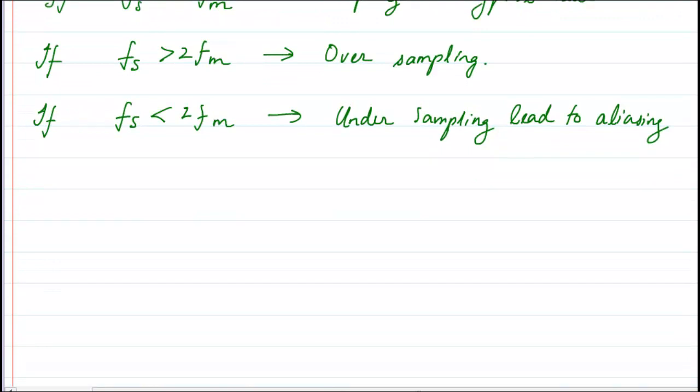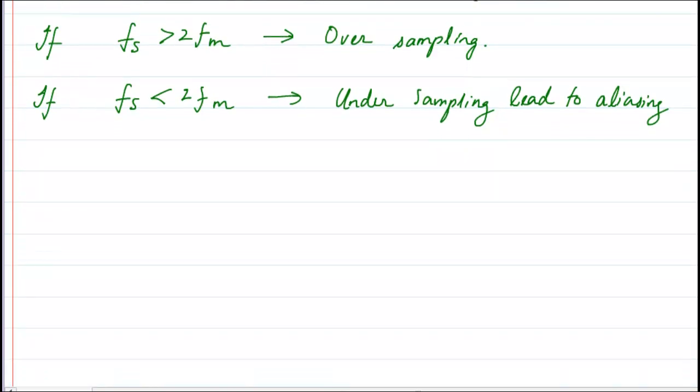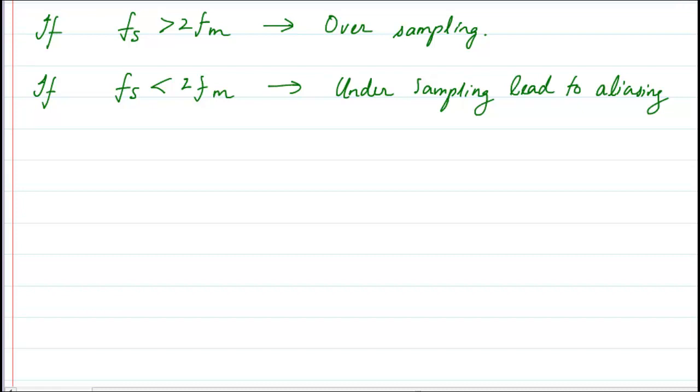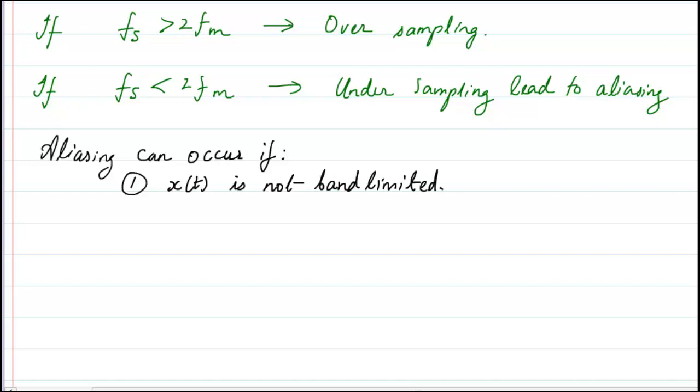So what is the main reason for aliasing to occur? Aliasing can occur if the signal is not band limited, meaning it does not have a maximum frequency. Generally, you may have a spectrum like this which does not end abruptly.